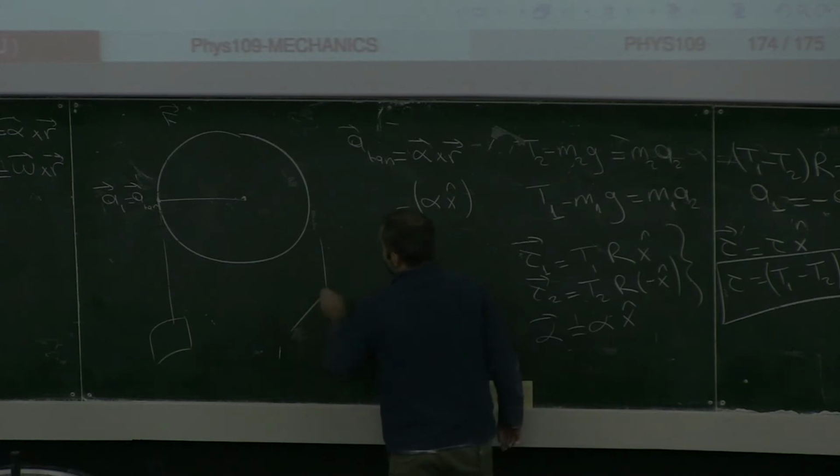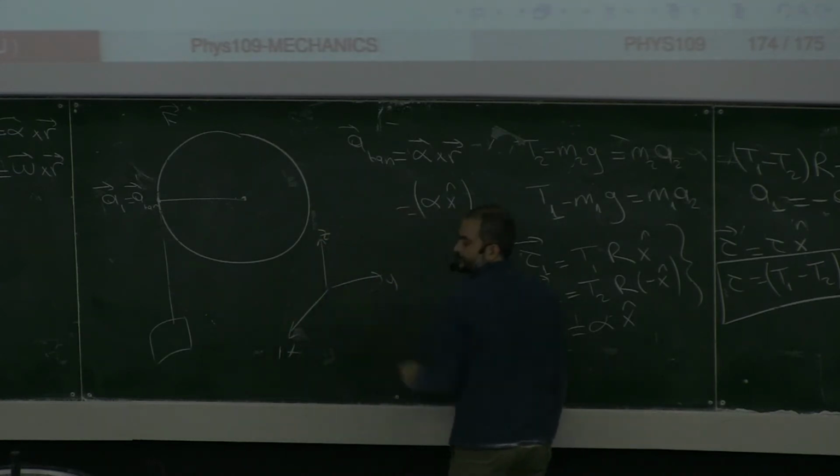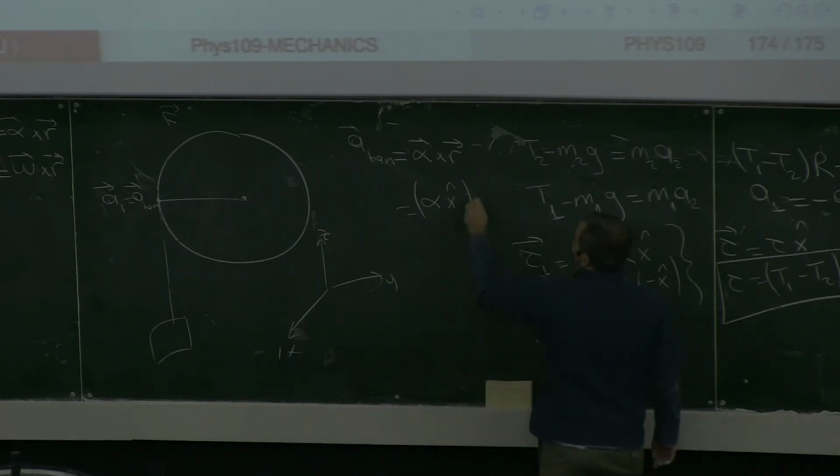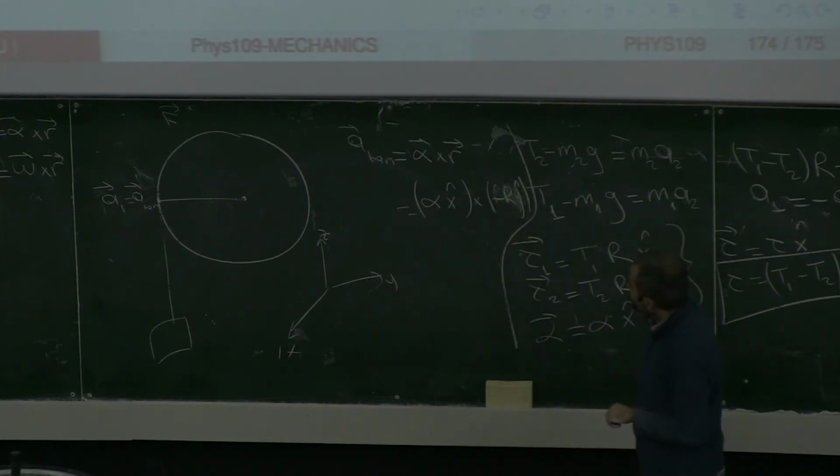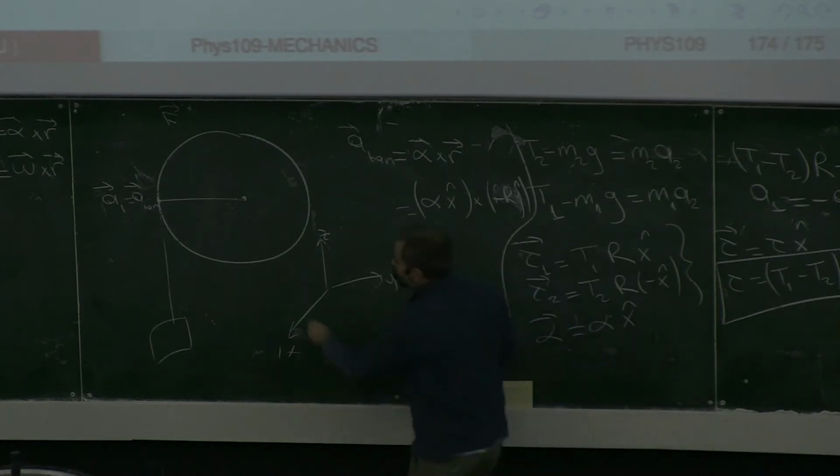R, okay, this is x, y, and z. Cross R in the minus y hat direction. Minus r y hat, because I'm looking at this point at a distance r from the origin. So it is in the minus y direction.